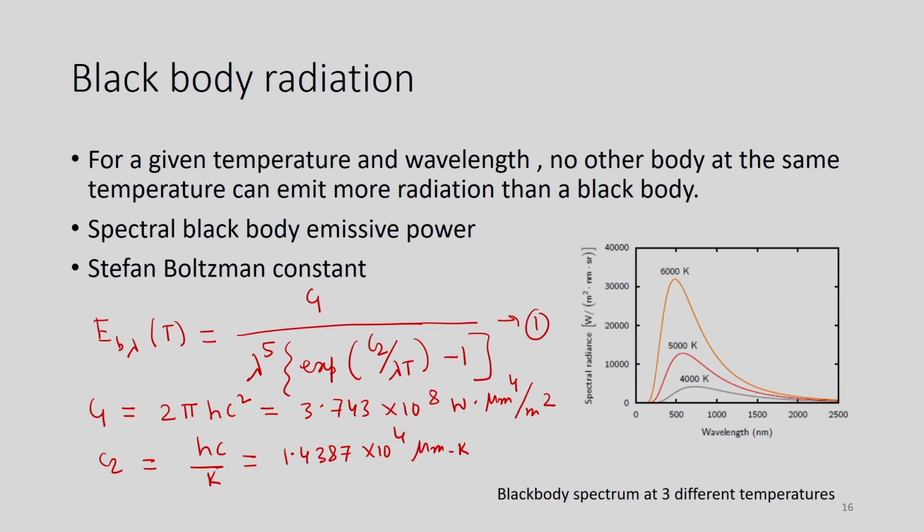T is the absolute temperature, and lambda is the wavelength in micron, and T is in Kelvin. This is absolute temperature.